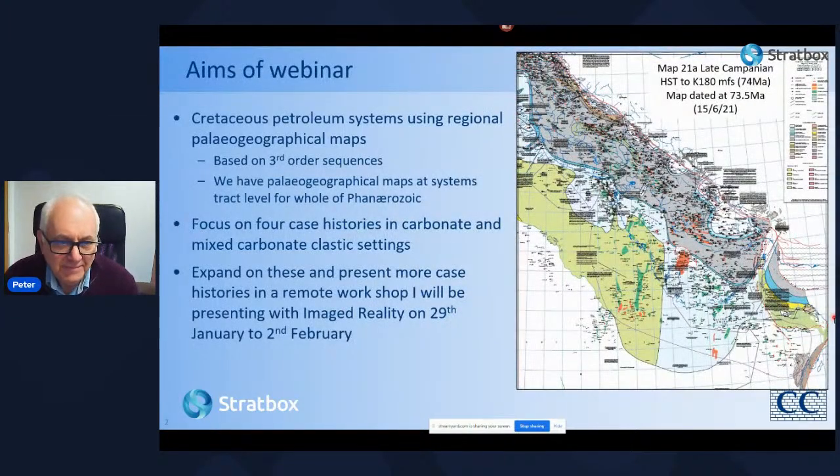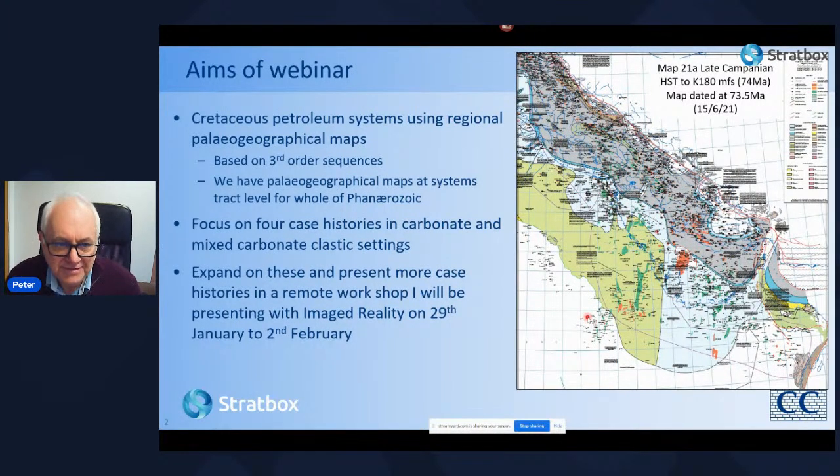The aim of this webinar is to look at the Cretaceous petroleum systems using our regional paleogeographical maps. Cambridge Carbonates has a suite of paleogeographic maps covering the productive area of the Arabian Plate, from the Zagros suture through to the Oman suture, and from northern Iraq to Oman and up onto the Arabian Shield.